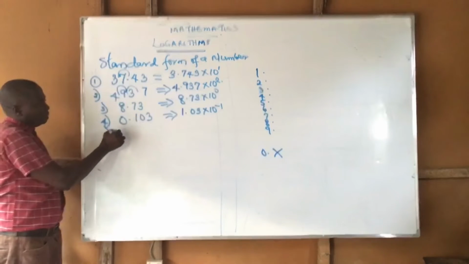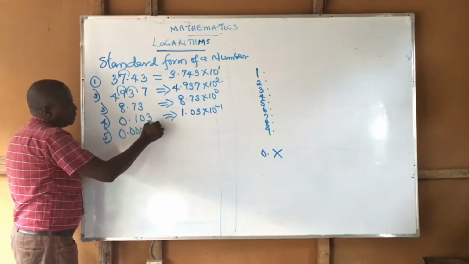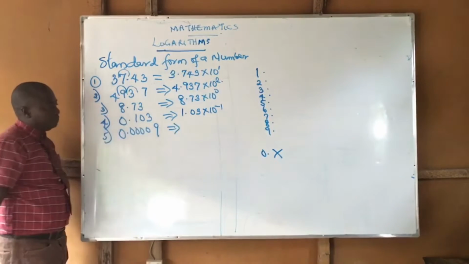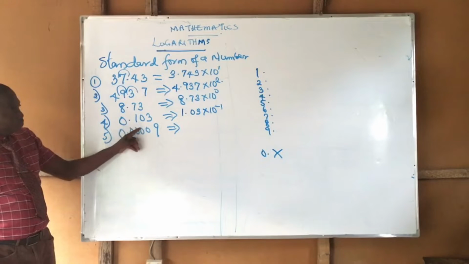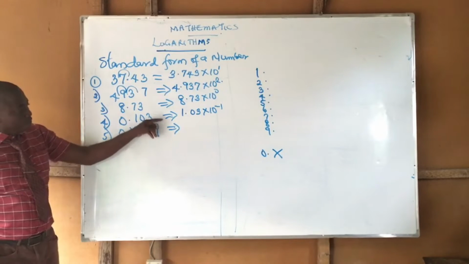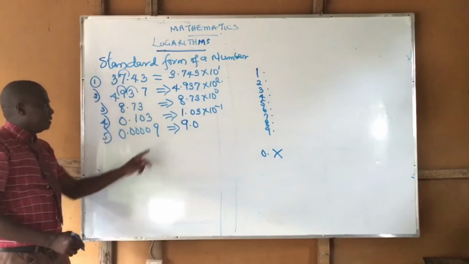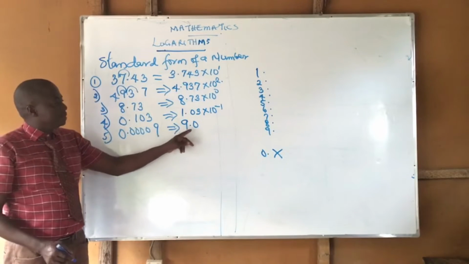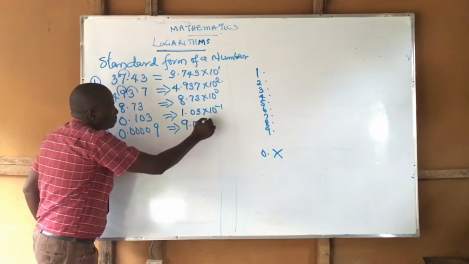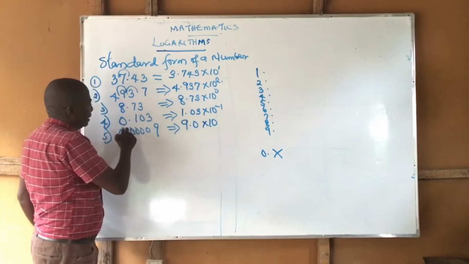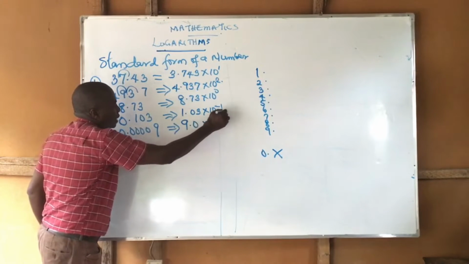Number 5, when we now have 0.00009, the decimal point will have to be shifted 0, 1, 2, 3, 4, 5. 9.0. Some will say 9 times 10 raised to, no, it should be 9.0 times 10 raised to power how many times? 1, 2, 3, 4, 5, raised to power minus 5.